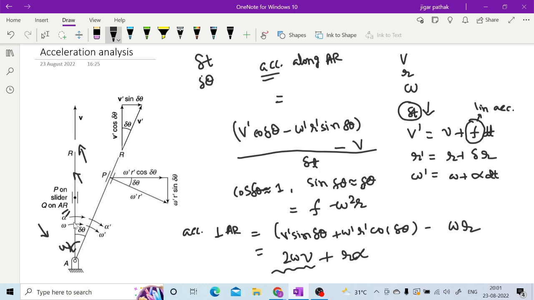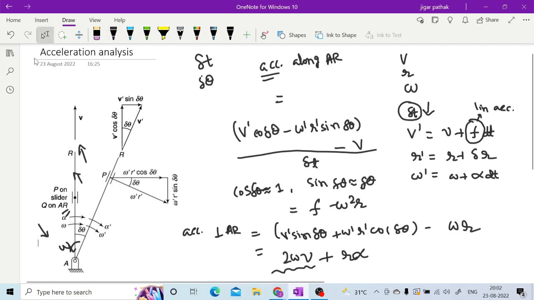At these two instants it is considered positive, while for the other two it will be considered negative. Means if the slotted lever is anti-clockwise and the slider is moving outward, this Coriolis component will be negative. And if the link is clockwise and the slider is moving inward, then also it will have a negative Coriolis component.